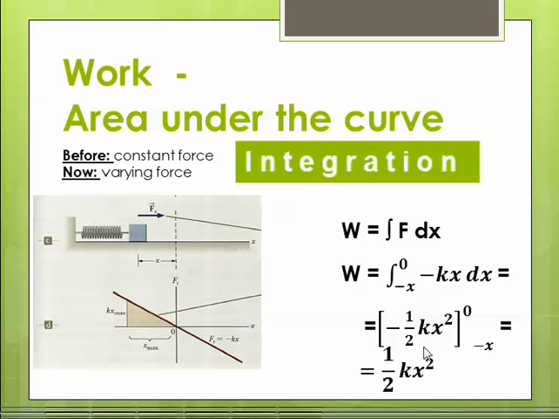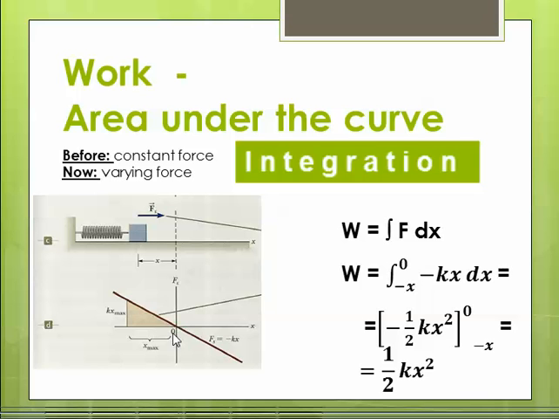Minus a half kx squared is just a half kx squared. So the work by the spring force between an extension of x and 0 is given by a half kx squared. It is the area under the curve between minus x and 0.